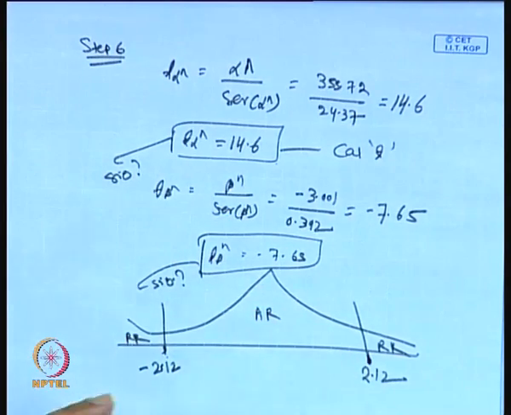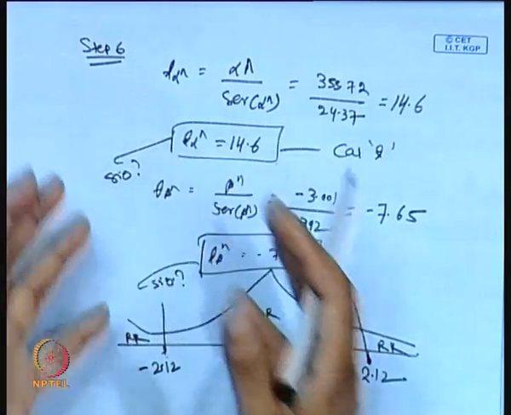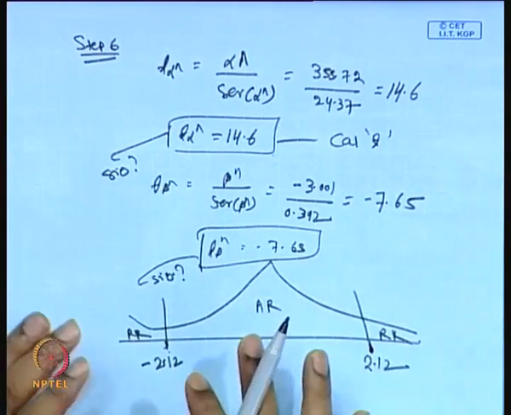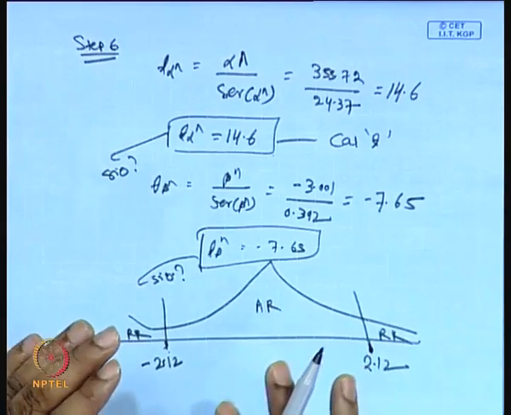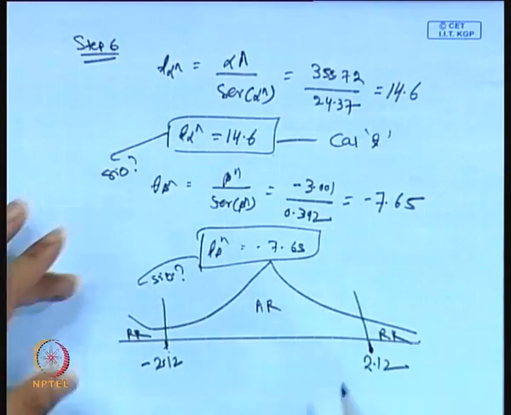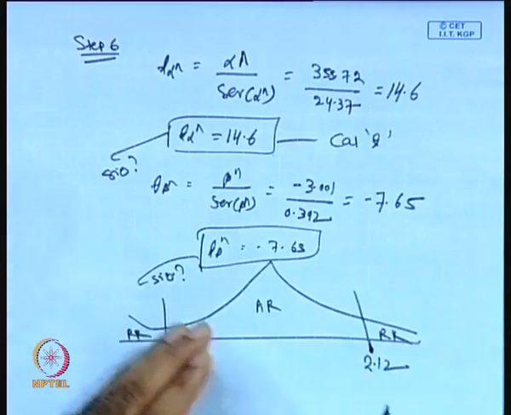So, now we have to place the calculated statistic with respect to the tabulated statistics. Then we have to justify whether the null hypothesis is rejected or not. So, what is the criteria here? We start with T alpha hat. T alpha hat is 14.6, so that means it is coming on the right tail.